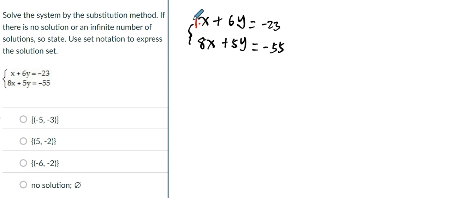So we better start with this x by doing both sides subtract 6y.